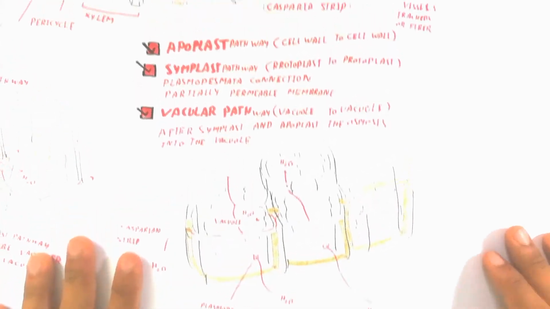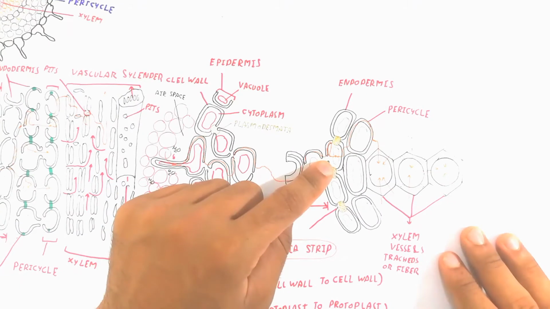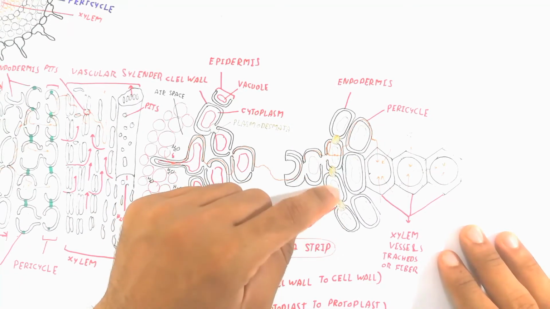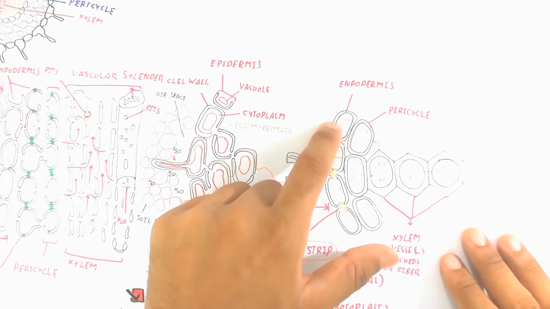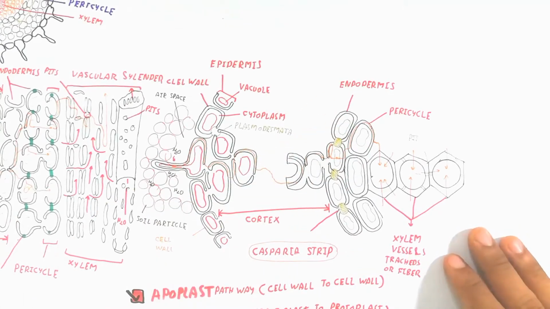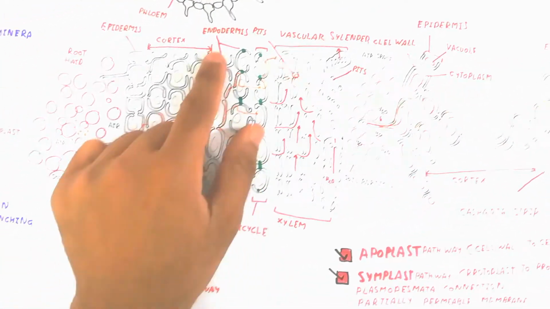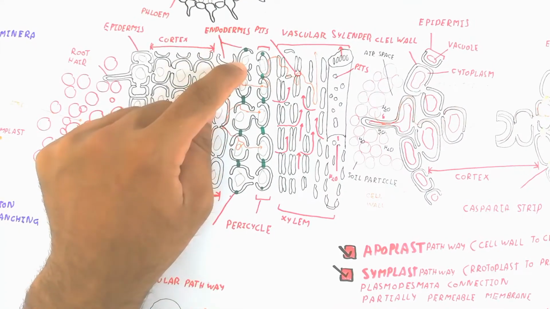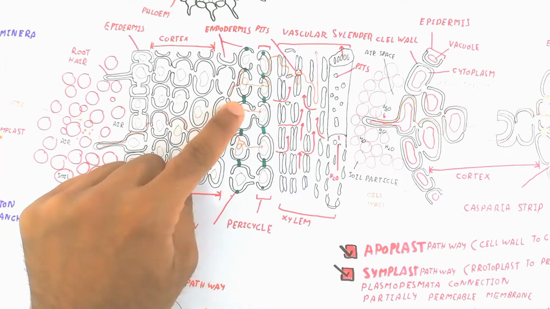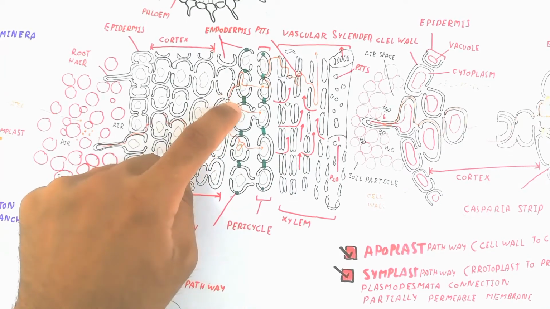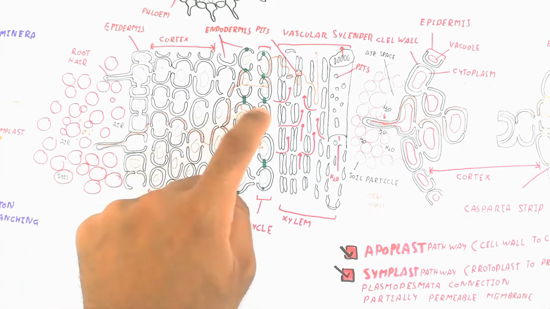So the apoplast pathway is cell wall to cell wall movement, but here the Casparian strip is present due to the endodermis. Then the water will change its direction from the apoplast pathway to the Symplast pathway. That Symplast pathway is of two types: non-vacuolar pathway or vacuolar pathway.